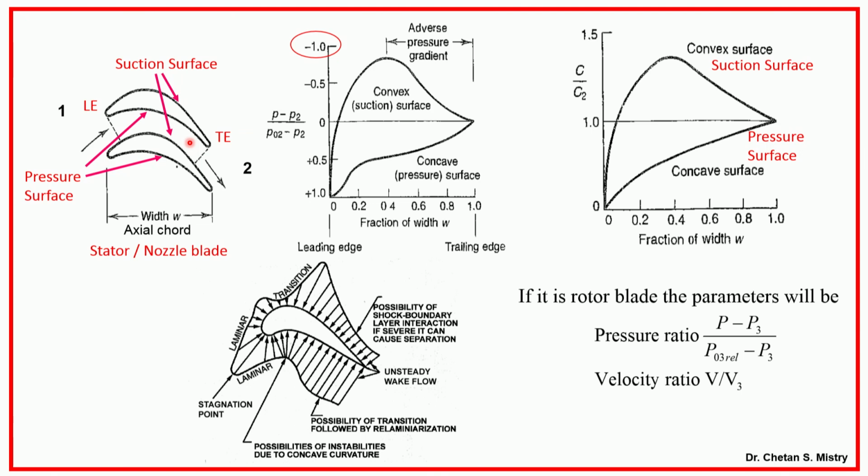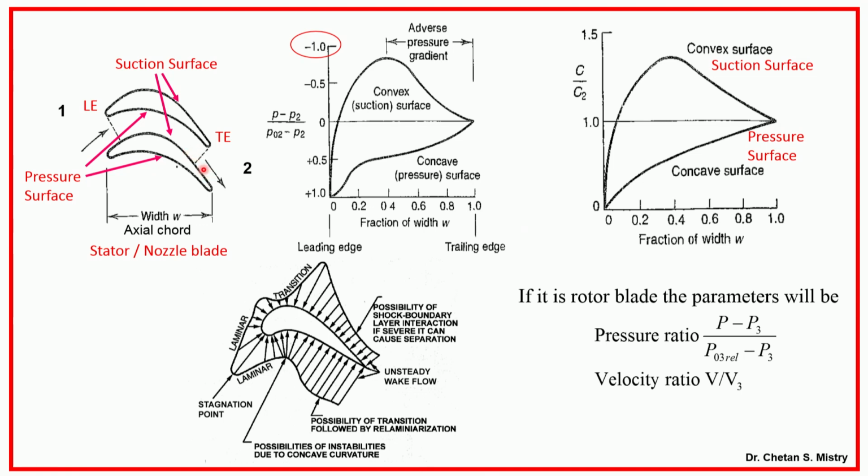What it means is, I will have a choking condition, or we need to understand that the acceleration of flow will generate a shock structure downstream. Okay. Suppose this is a shock placed here, what will happen? Upside I will have low pressure, downside I will have high pressure.